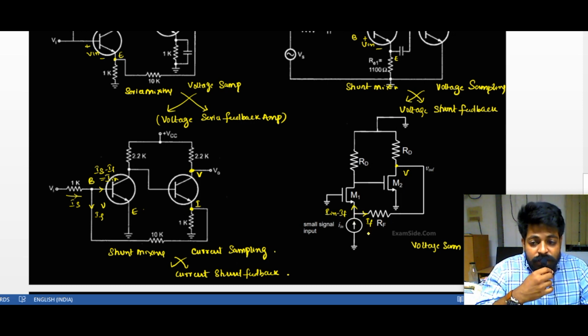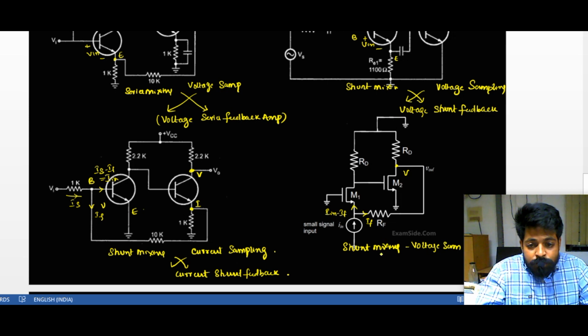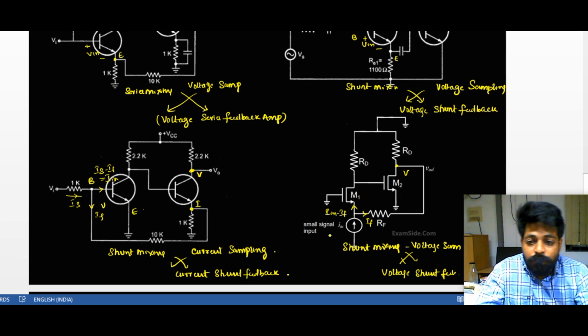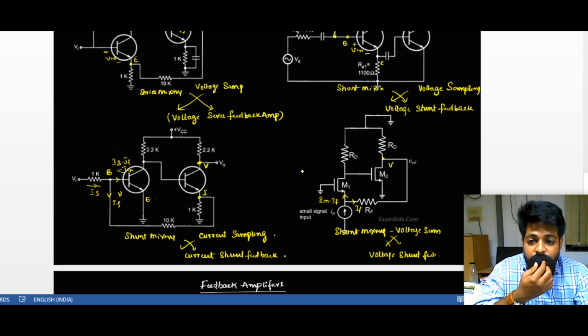Current getting subtracted means this is your shunt mixing. So voltage shunt feedback amplifier.